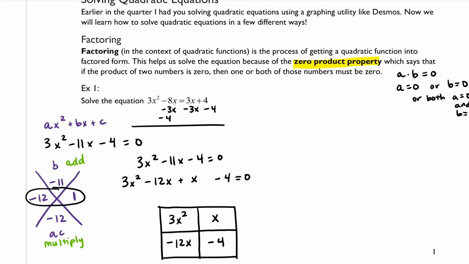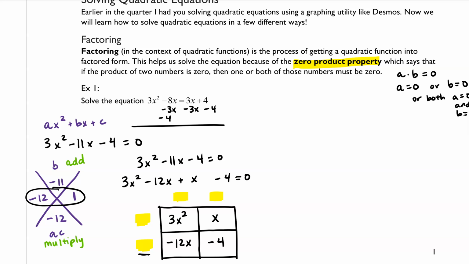Now on the outsides, in these 4 positions right here, we want to factor out, or take out, the greatest common divisor. Let's start in this bottom position here.